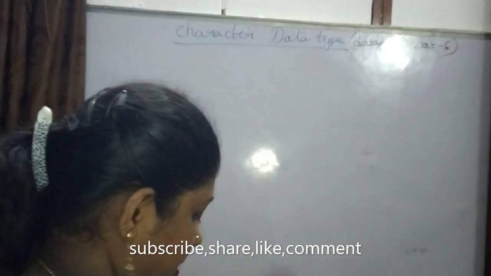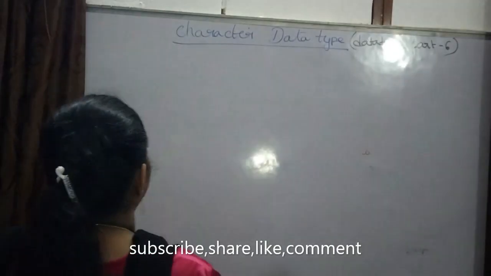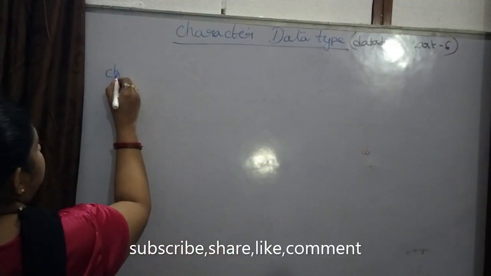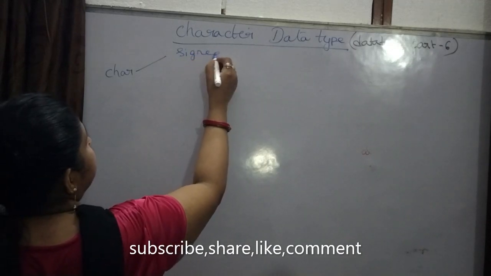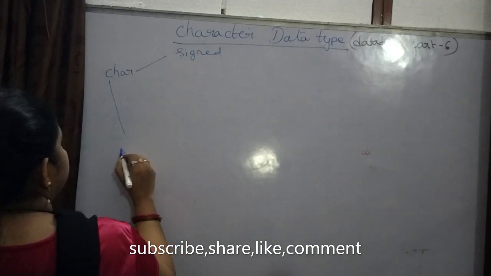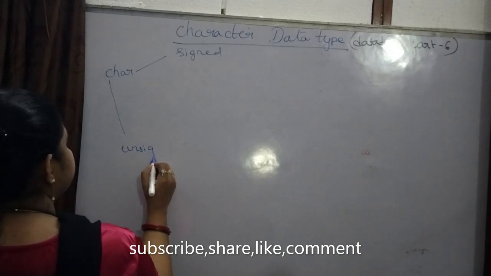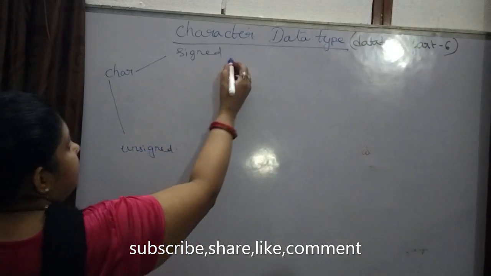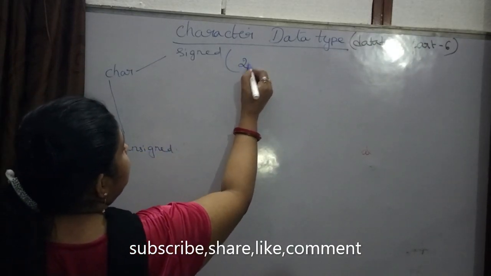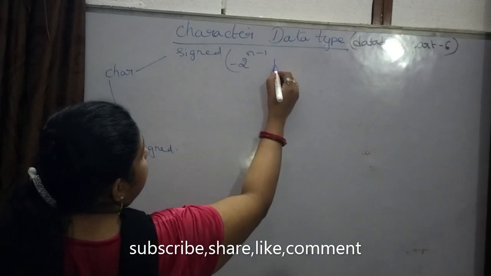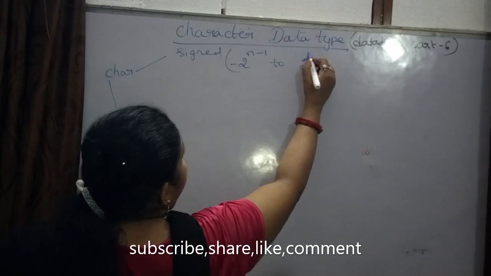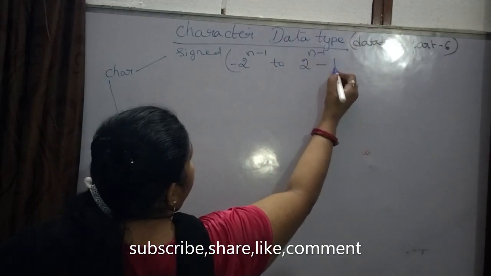Now I will take char, signed and unsigned. For signed, the formula is minus 2 to the power of n minus 1 to 2 to the power of n minus 1, minus 1.